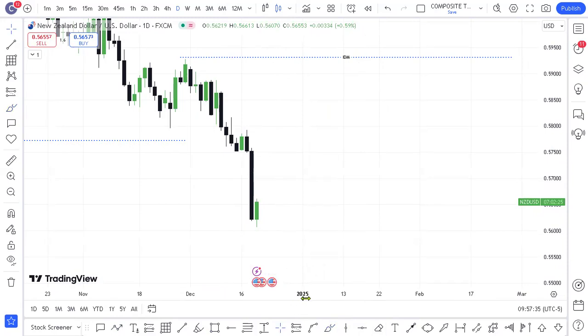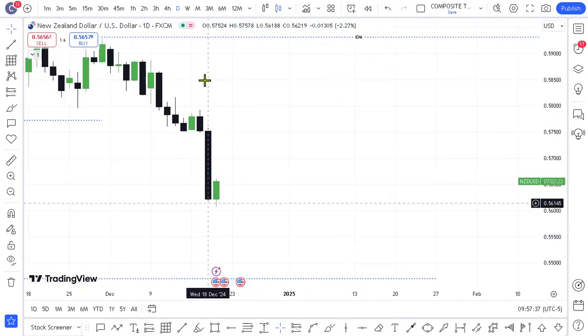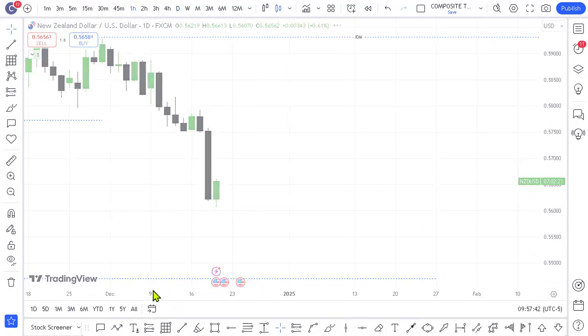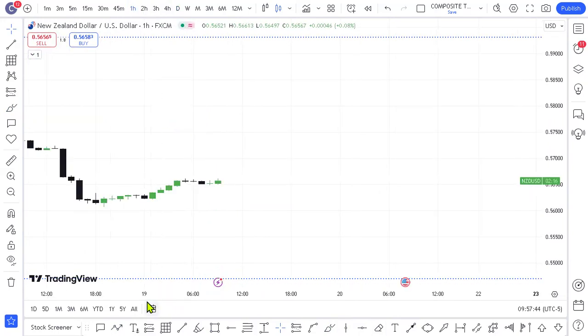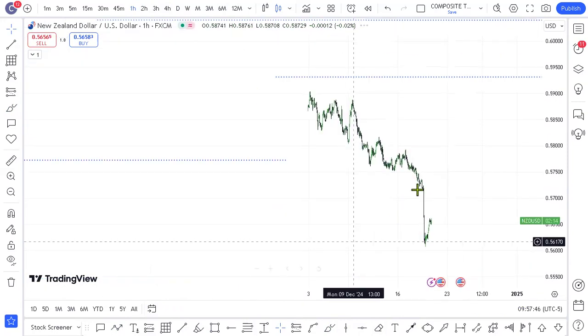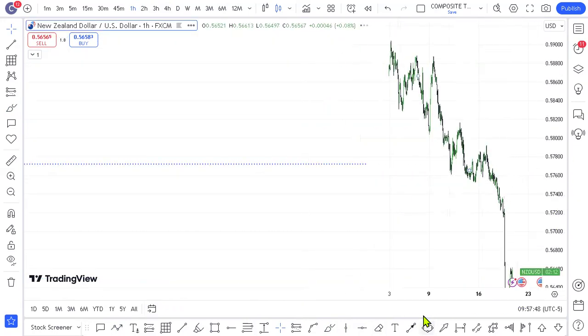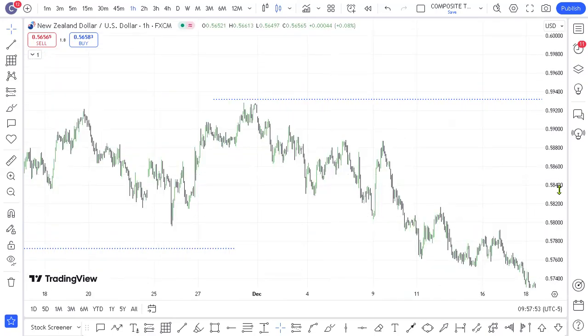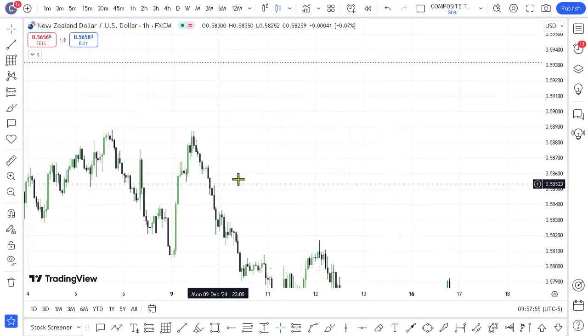So what we're going to do here is go to the 1 hour time frame, and we want to see that structure where the price has been dropping to the downside, following the 1 hour structure from where it started dropping. So we'll look at it from here.